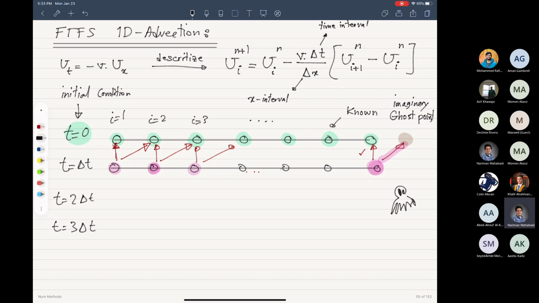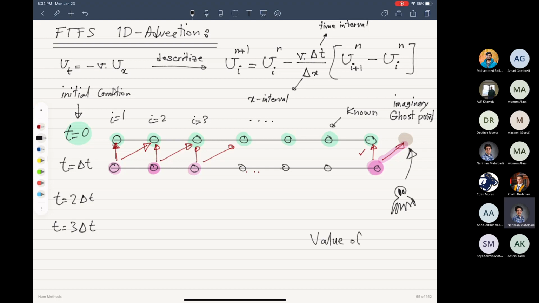And this point is just imaginary. Depending on the boundary condition, we can assign some values to this ghost point or imaginary point. The idea here is just to help us put into this equation to find the unknown function, because we don't have the value here. So depending on the type of the boundary condition, the value of u at the ghost point could be different.